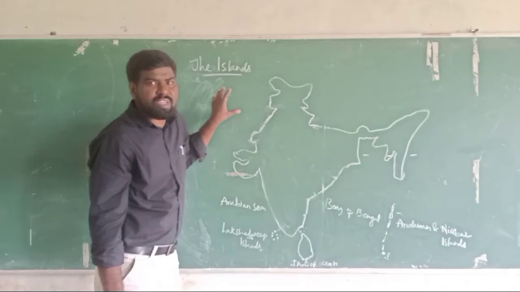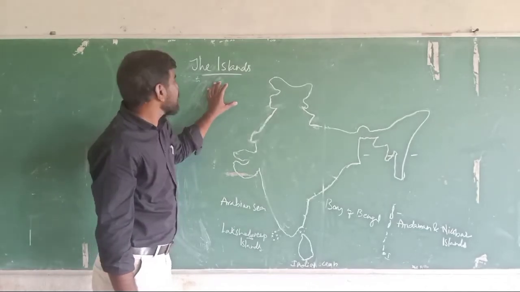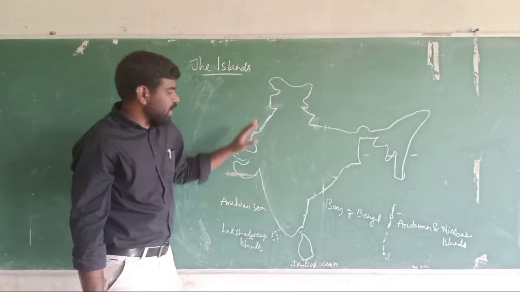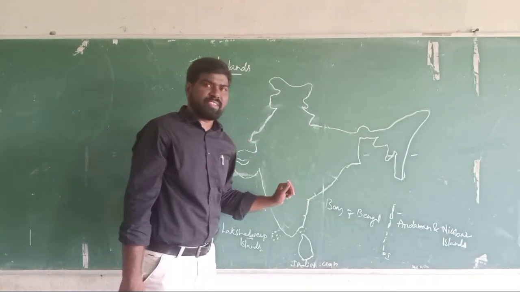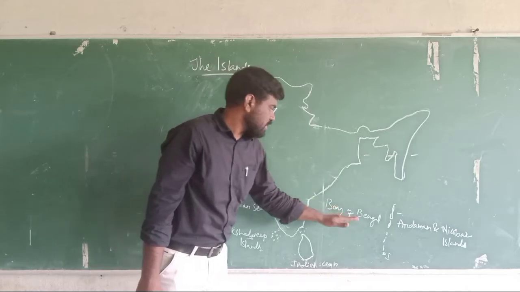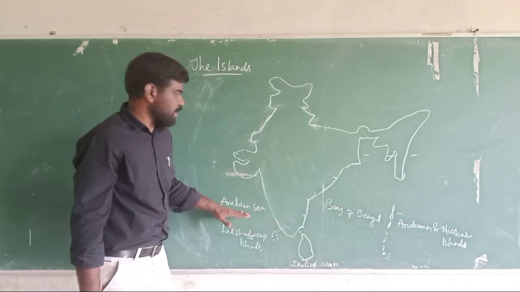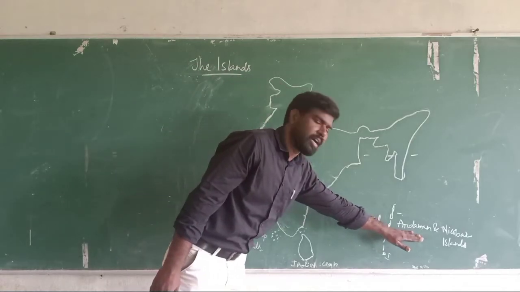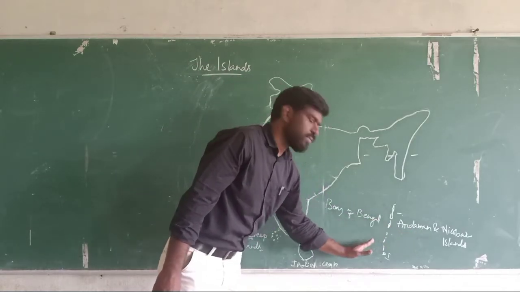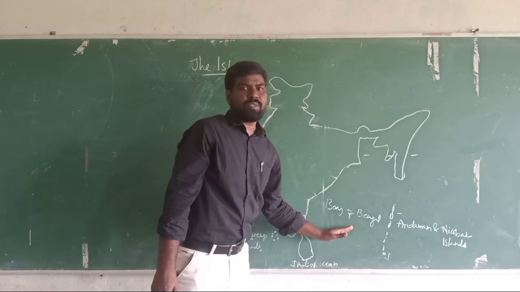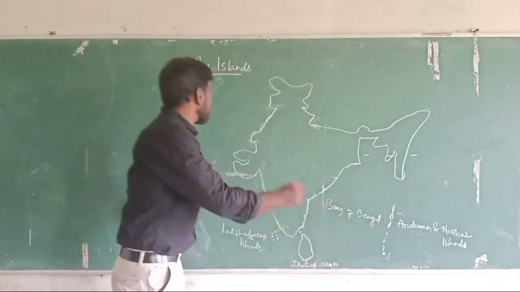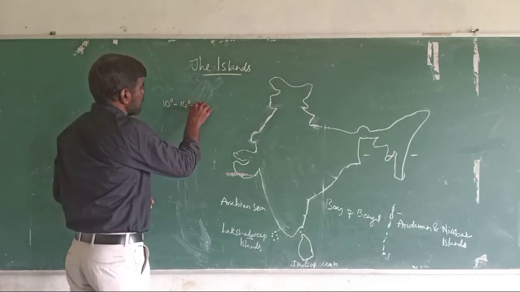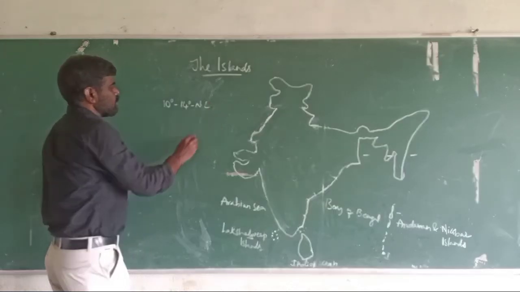One of the major physical divisions of our country is the islands. We have two groups of islands, stretching in the Bay of Bengal and the Arabian Sea. The Andaman and Nicobar Islands stretch in the Bay of Bengal.